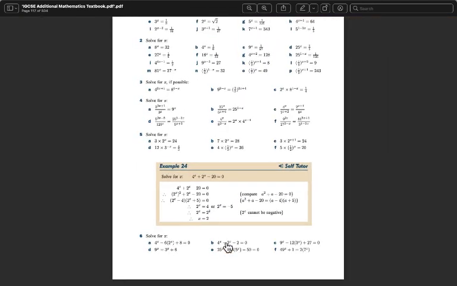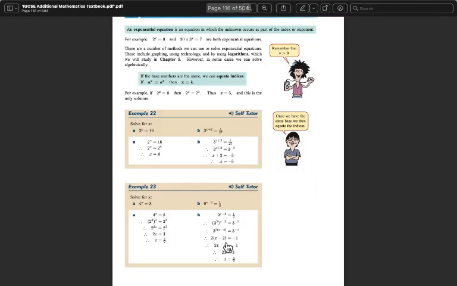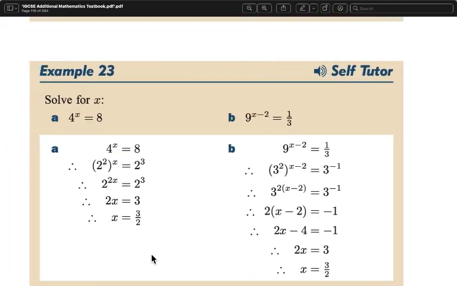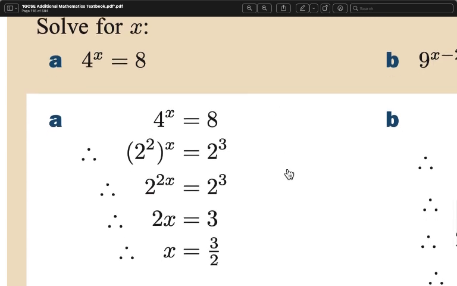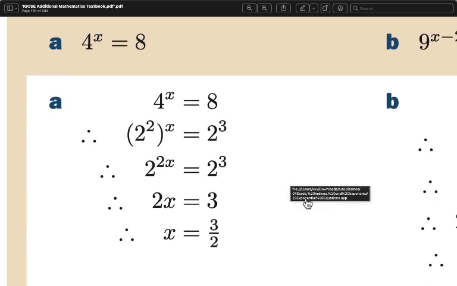Now, with more complex questions, for example, 4 to the power of x equals 8. 4 is 2 squared, so you break it down into 2 squared to the power of x equals 2 to the power of 3. So 2 to the power of 2x equals 2 to the power of 3.